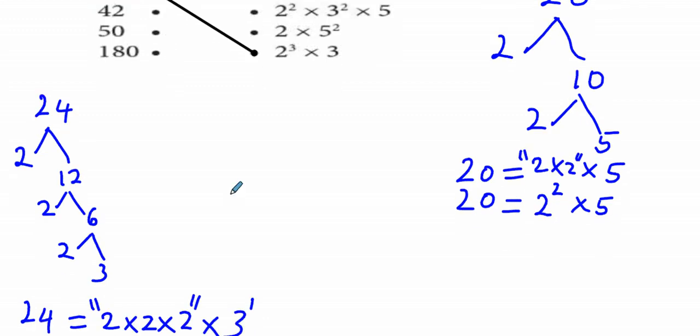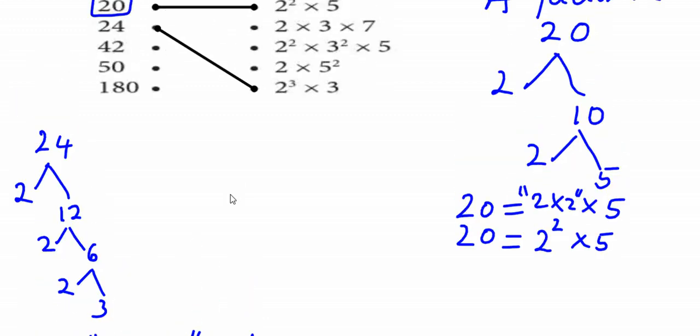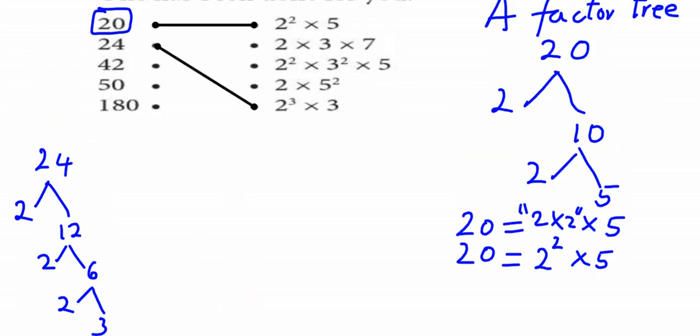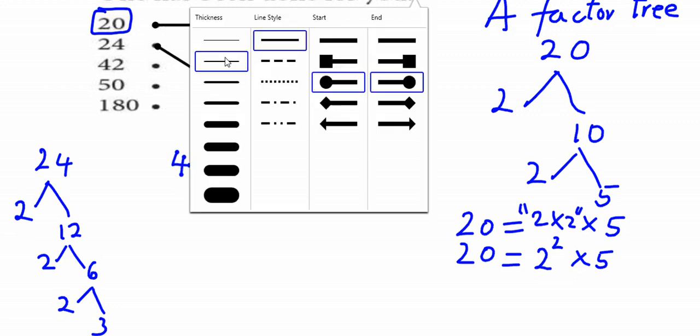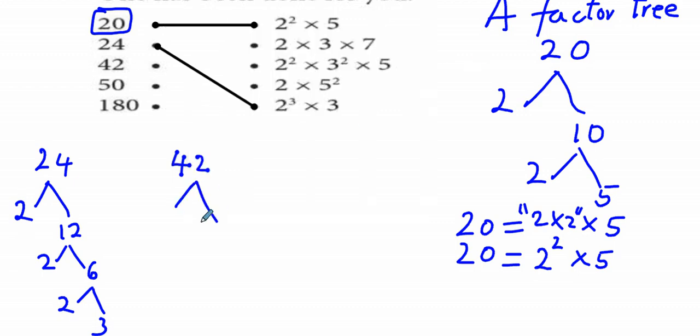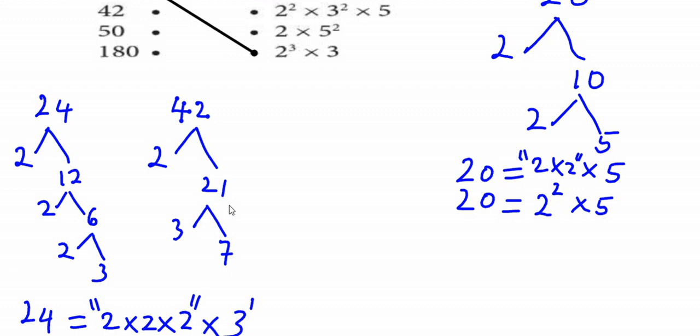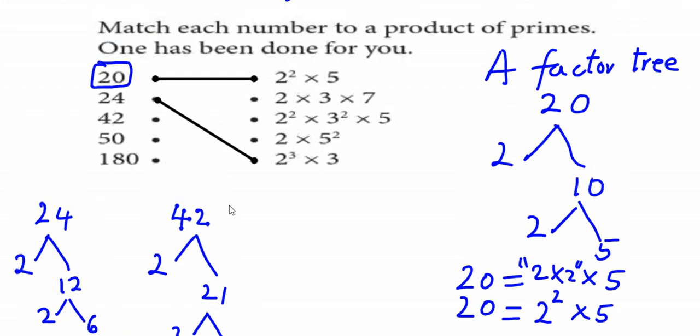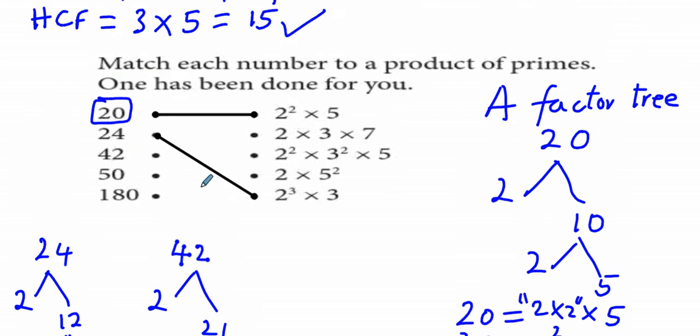42. Okay, let us do it over here. 42. So 42 is 2 times 21, and 21 is 3 times 7. So for 42 we have 2 times 3 times 7.